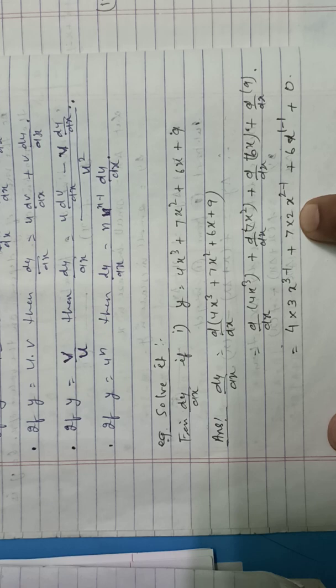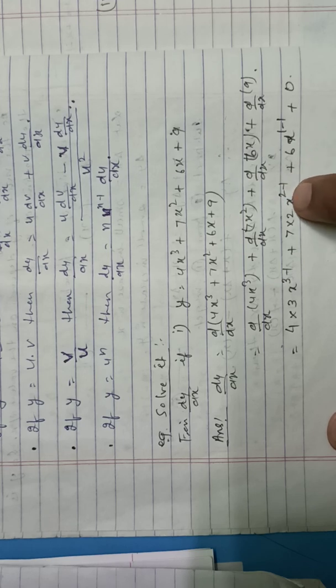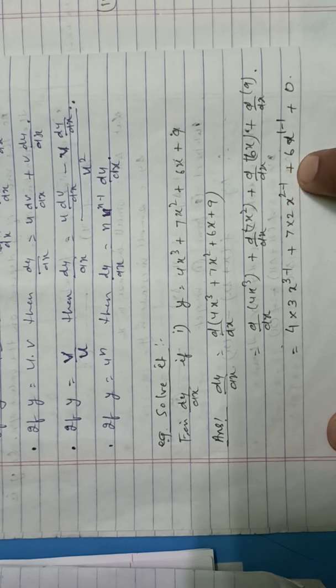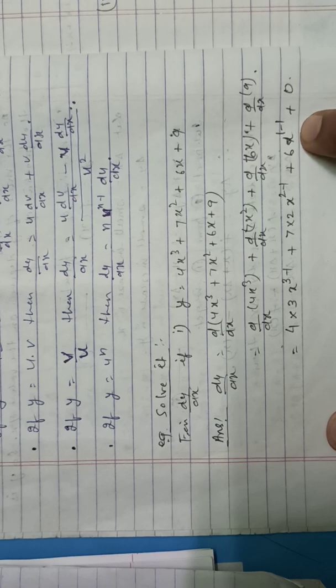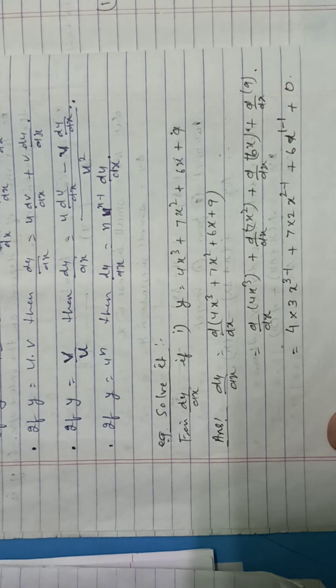7 is a constant term. 7 can be taken out from the differential. So 7 into 2, 2 is the power n. In place of n we write 2, x to the power n minus 1, so we write x to the power 2 minus 1, plus 6, x power is 1, 1 minus 1 is equal to 0.